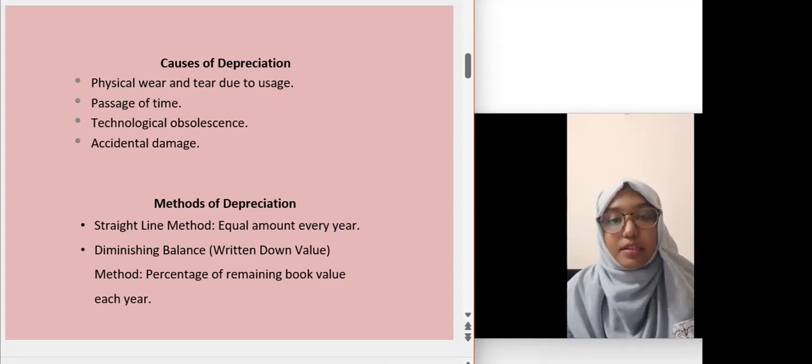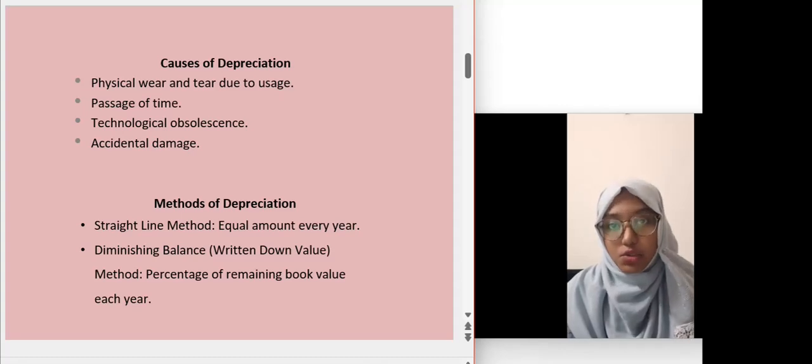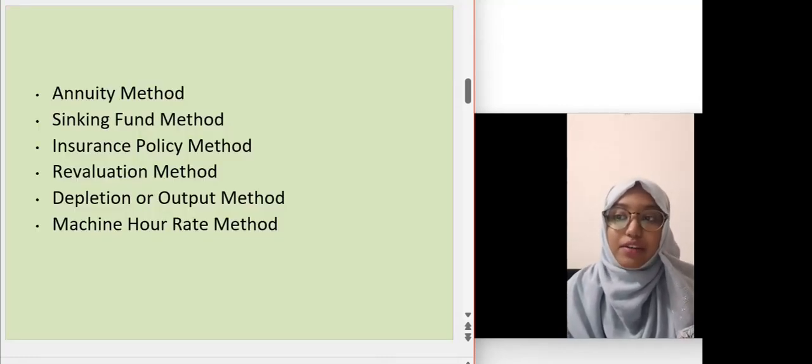We have various methods, but majorly we will be covering two in this video, the straight line method and the written down value method. Apart from these two, we also have the annuity method, sinking fund method, insurance policy method, revaluation method, depletion or output method, and machine hour rate method.